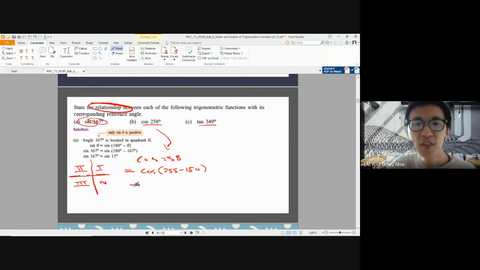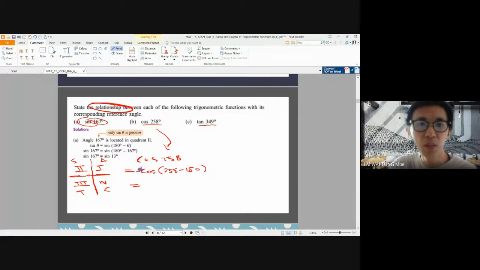After you find the alpha, you need to determine whether cos in the third quadrant is positive or negative. So we go back to the acronym, add sugar to coffee. In the third quadrant, cos is negative because tangent is positive, so you need to put a negative sign here.